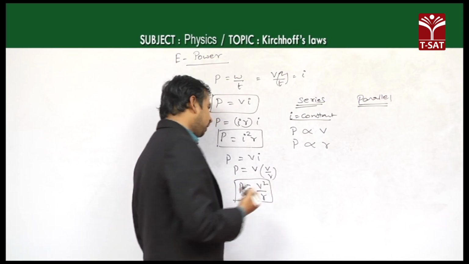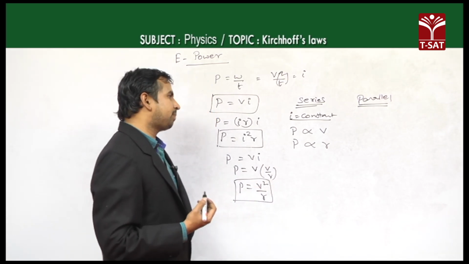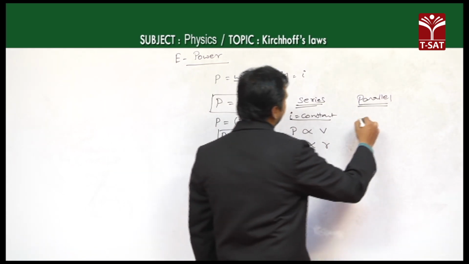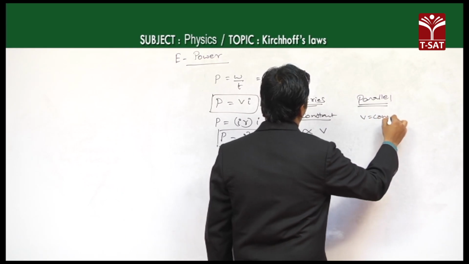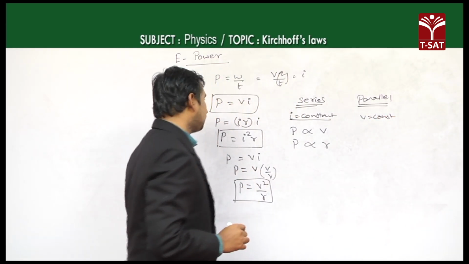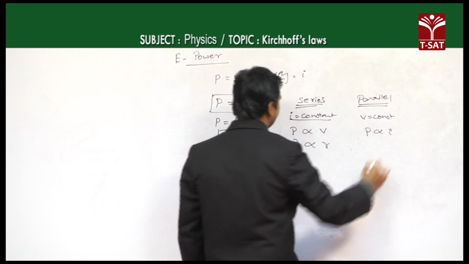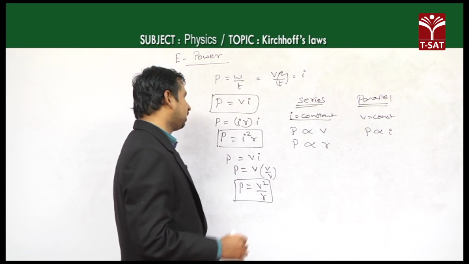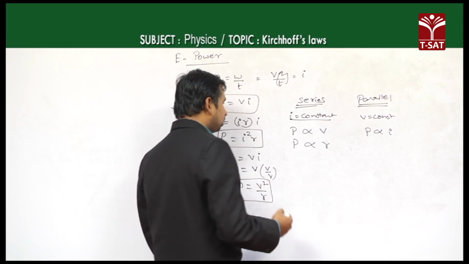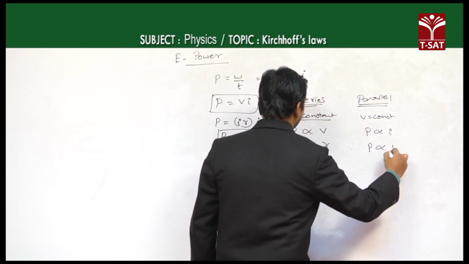And when we come to the parallel connection, the voltage remains constant, so the power is directly proportional to how much current is drawn. And in the second case, it is inversely proportional to the resistance.